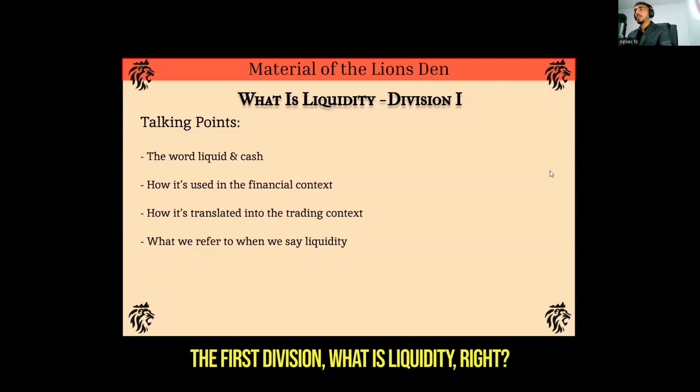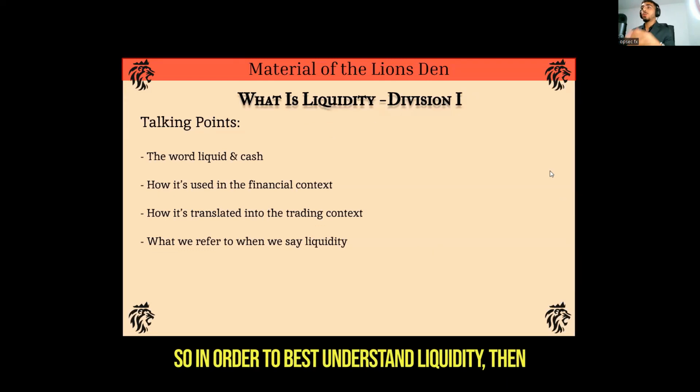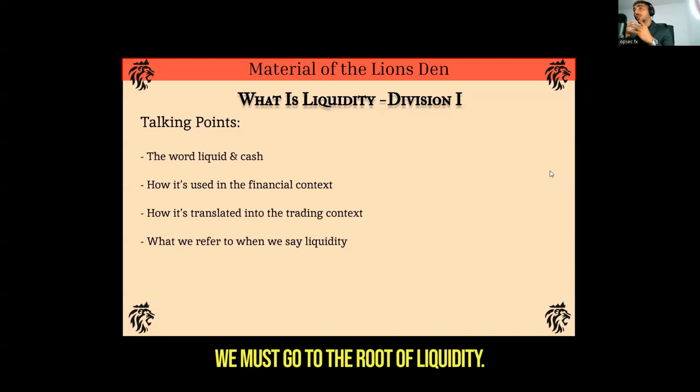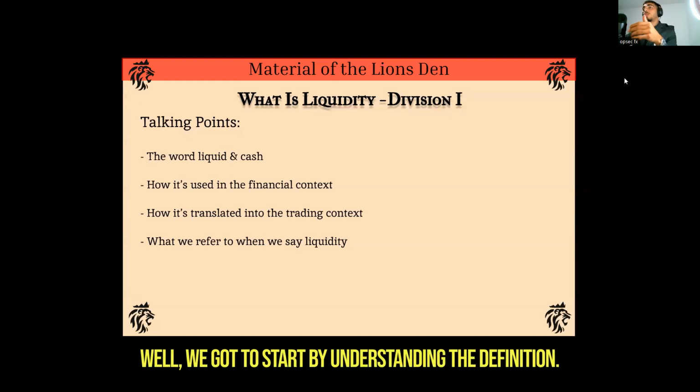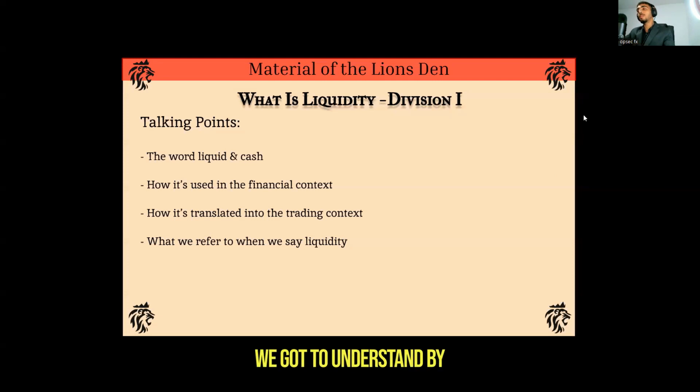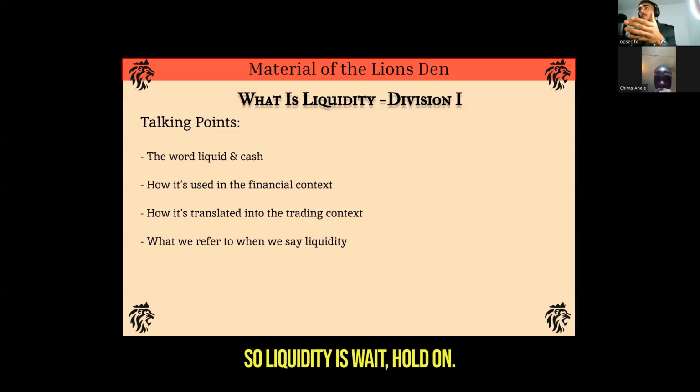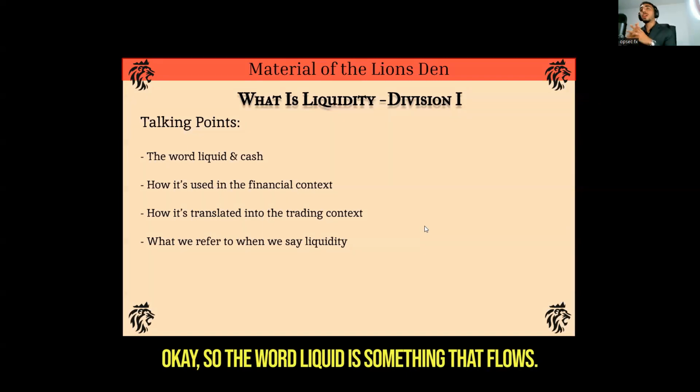What is liquidity? In order to best understand liquidity, we must go to the root of it. We have to start by understanding the definition. The word liquid is something that flows.